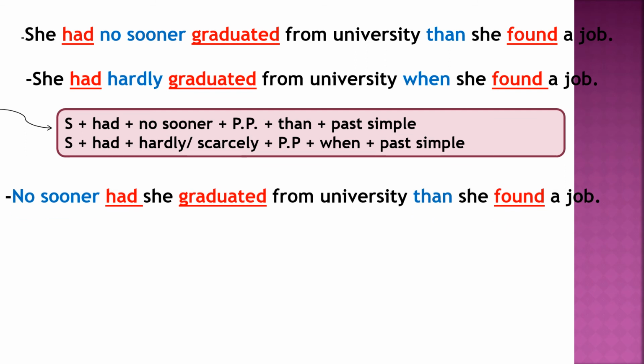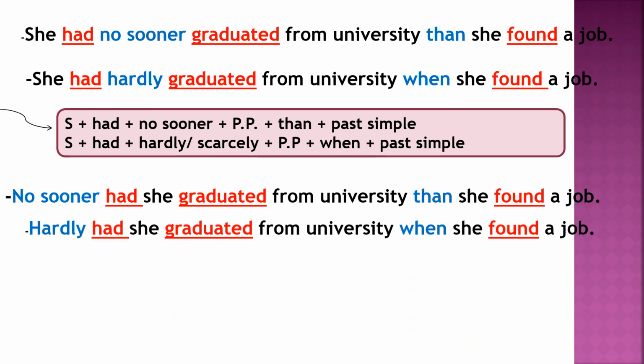The second case, if we have no sooner or hardly or scarcely at the beginning of the sentences, we use the question form of the past perfect. We use had and then the subject and then the PP.